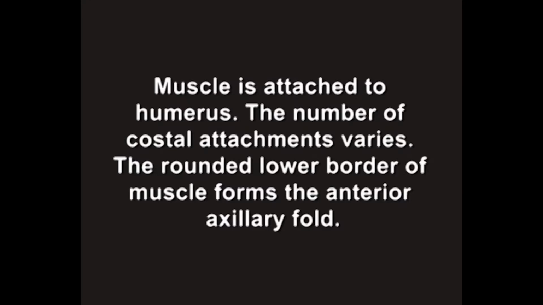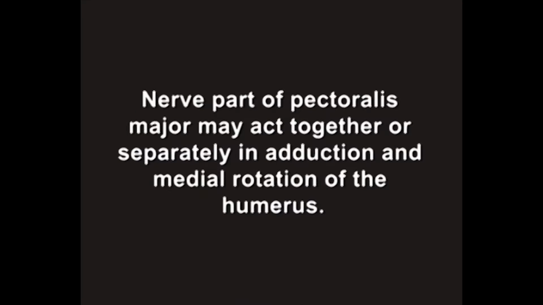The muscle is attached to the humerus. The number of costal attachments varies. The rounded lower border of the muscle forms the anterior axillary fold. Parts of pectoralis major may act together or separately in adduction and medial rotation of the humerus.